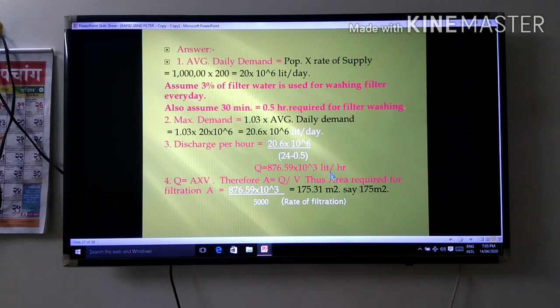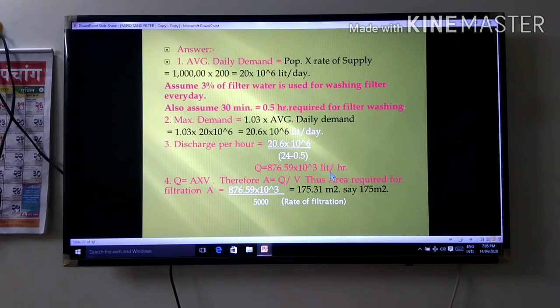Second step, maximum demand. It is equal to 1.03 into average daily demand. Therefore, 1.03 into 20 into 10 raised to 6 is equal to 20.6 into 10 raised to 6 liter per day. Now, you have to convert this liter per day to liter per hour.